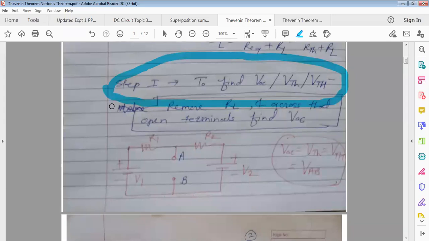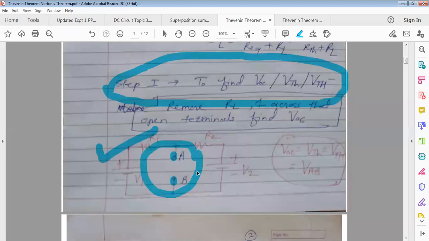Very easy. Just remove the load resistance and draw the entire circuit as it is. When you remove the load resistance, across those two open terminals mark one as A and one as B, and find the voltage across those two open terminals, and that will be Thevenin's equivalent voltage.